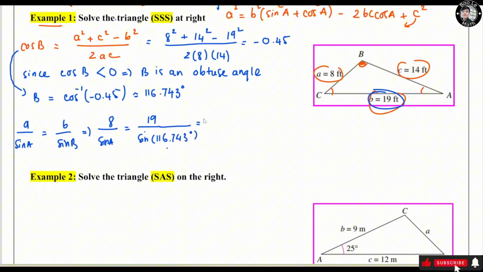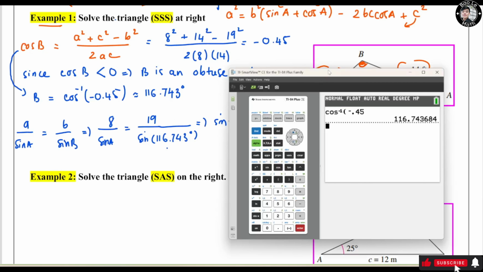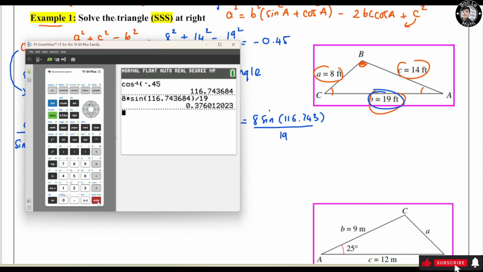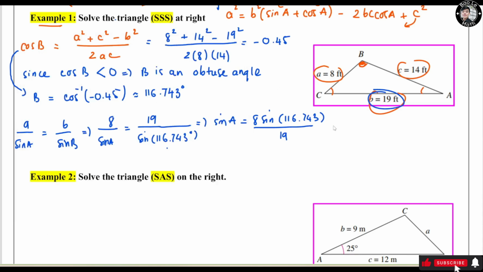Then sine A equals 8 times sine of 116.743 divided by 19. Now we're going to bring up the calculator. It's going to be 0.376.